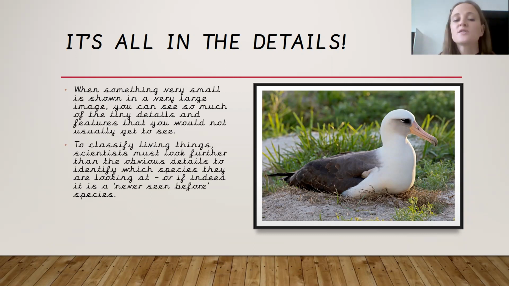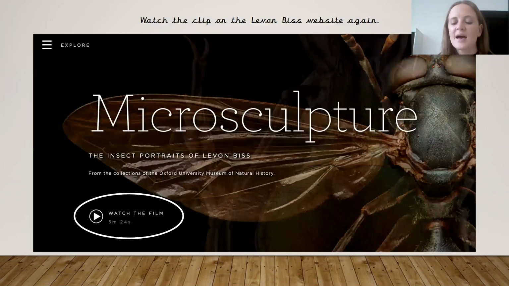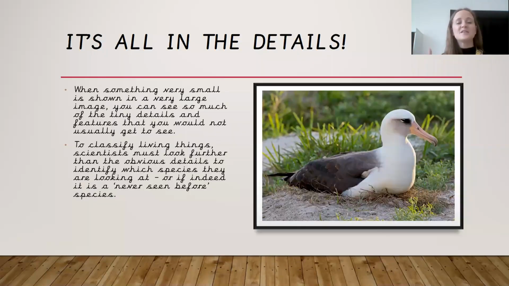Like I said, to classify living things, scientists must look further than the obvious details to identify which species they are looking at, or if indeed it is a never before seen species. And remember we spoke earlier on about the fact that there are still species of animals and of plants and of living things being discovered.